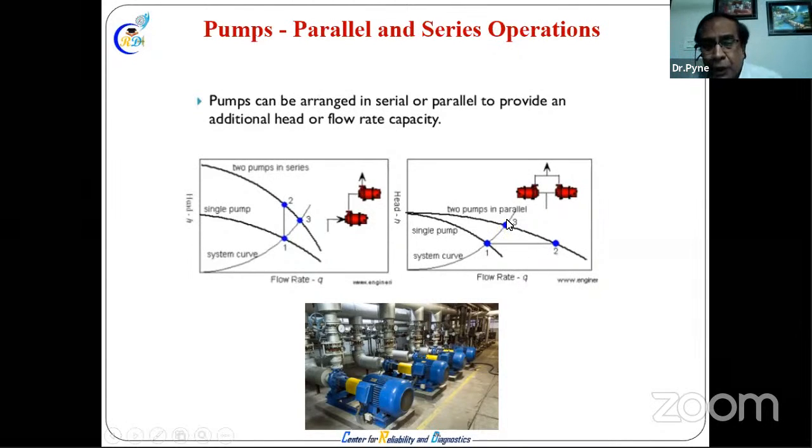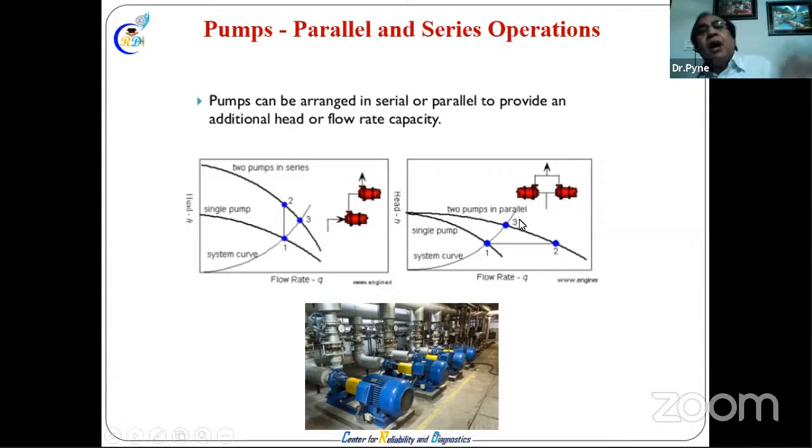You will get less, because you have to encounter the system site condition. What is that? The site condition has a curve, the system curve. We are not doing like this. The system curve is the same for the particular installation, but I have put two pumps. Okay, right? So with two pumps, the intention is double flow.